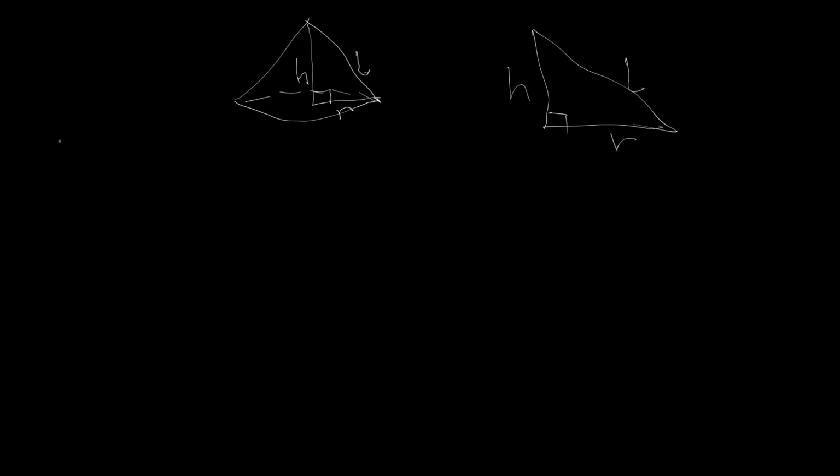Now we know from Pythagoras theorem that our hypotenuse squared, which in this case is l squared, should be equal to the square of the opposite plus the square of the adjacent, so h squared plus r squared. Now we need the height of the cone, so we make h the subject. h squared should be equal to l squared minus r squared.